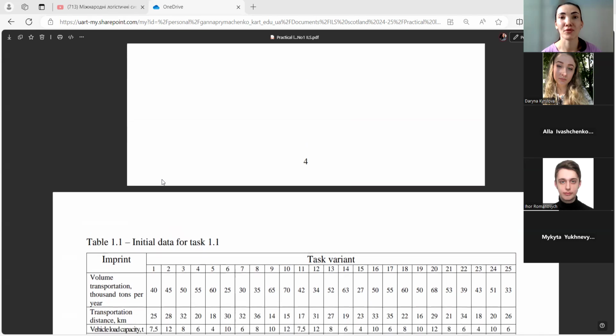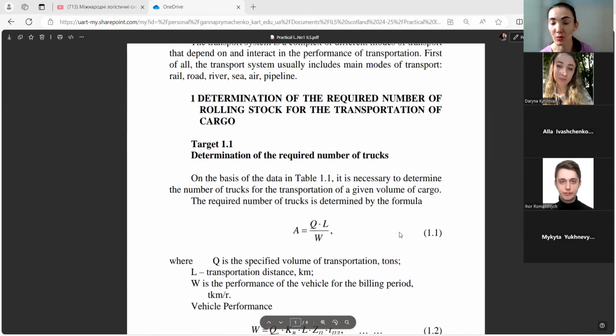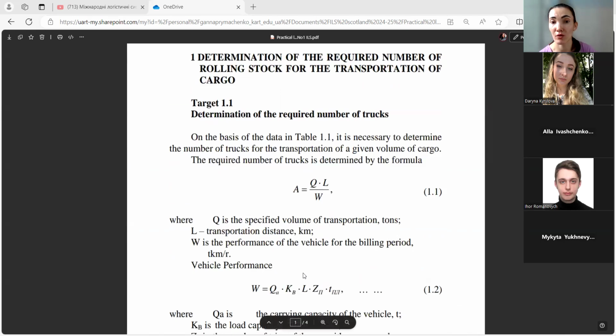Our first formulas in our methodics, but it is last for us today. Yes, we find it, and the next in our formula 1.1, it is a transportation distance. We use it in our formulas 1.2, so you can find it on your variant here. It will be better.